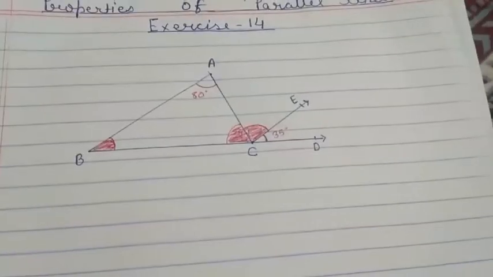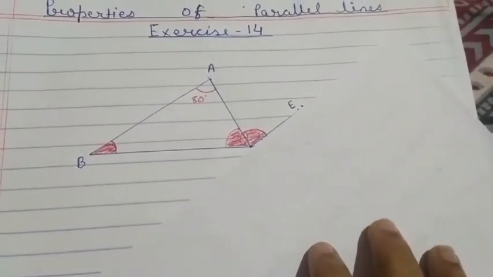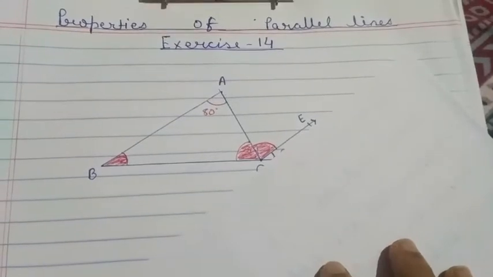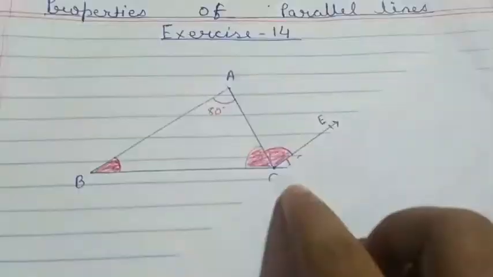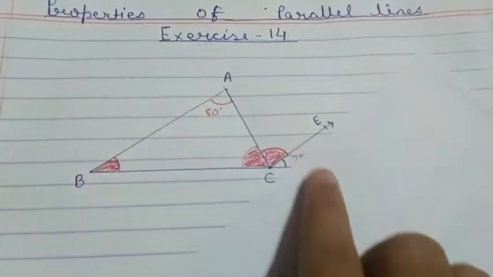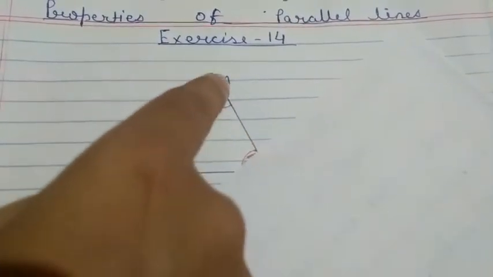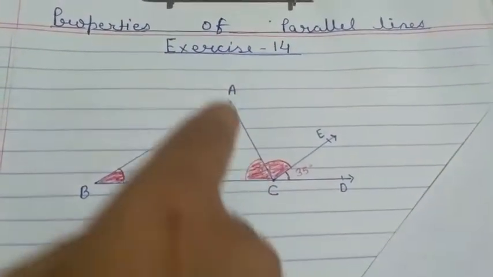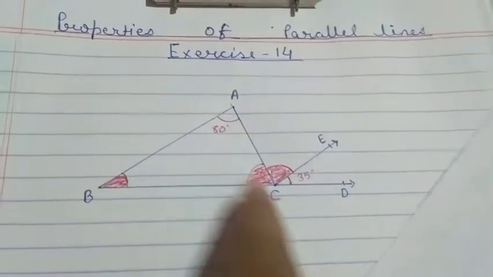If I cover it, you can clearly see that this line is parallel to this line, CE. If these lines are parallel to each other, that means this one is a transversal. CA or AC is a transversal which cuts these two lines.